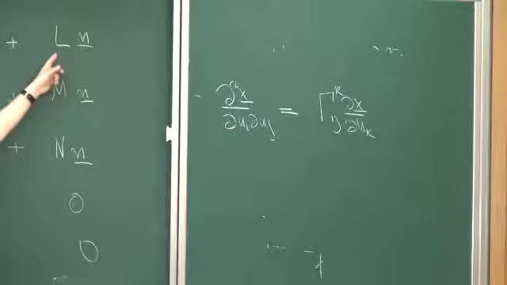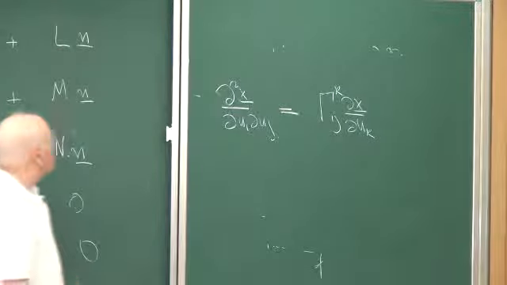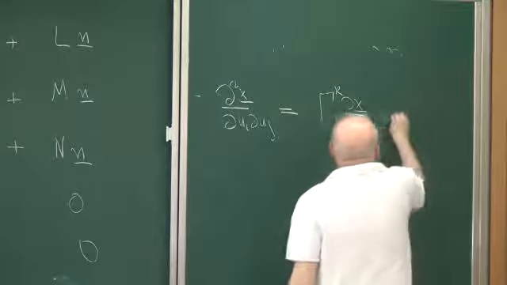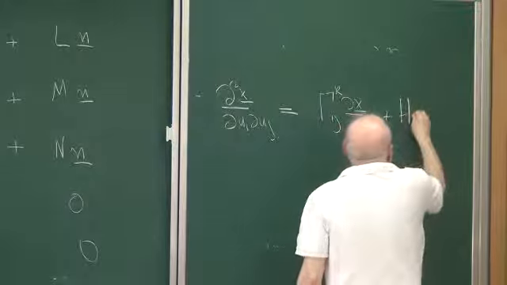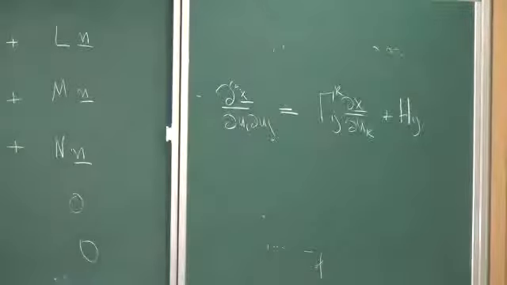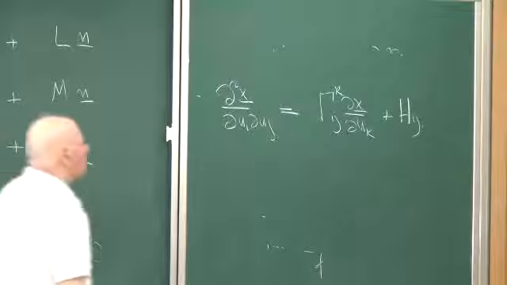The left-hand guy was somebody times n. So for each ij, it would be h11 times n.